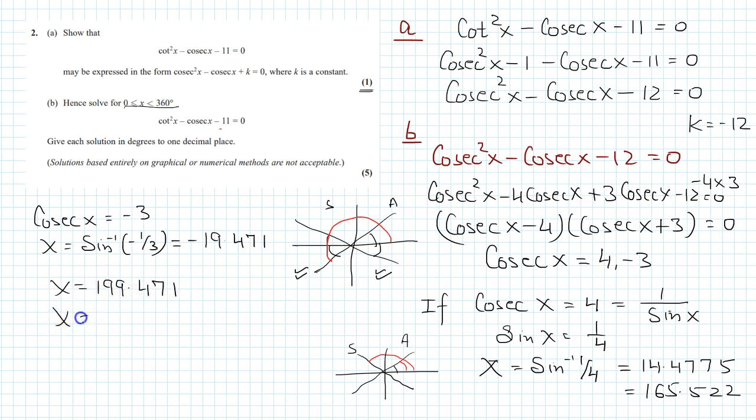And then another angle will be 360 minus 19.471, that is 340.53.